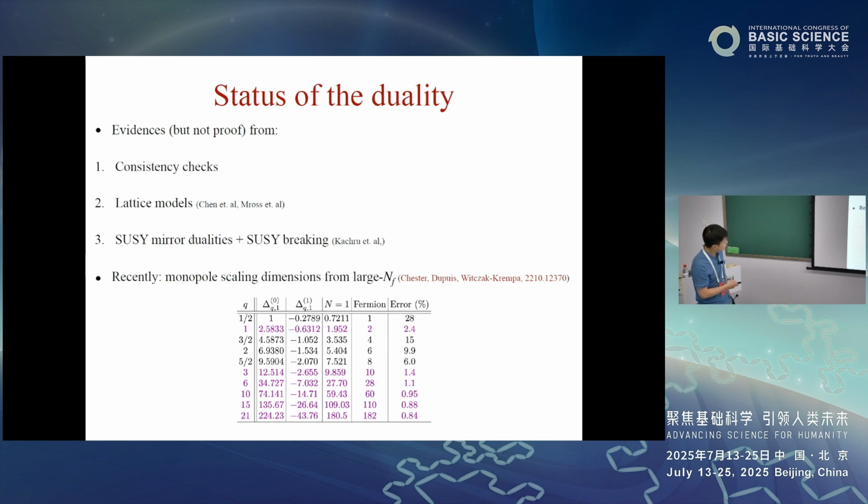Essentially, what these people have done is to calculate, in some large n limit, the scaling dimension of the monopole operators in this abelian-Higgs Chern-Simons theory, and then commit a crime which many of us in the community always commit, which is at the end of the day to set n equal to 1.